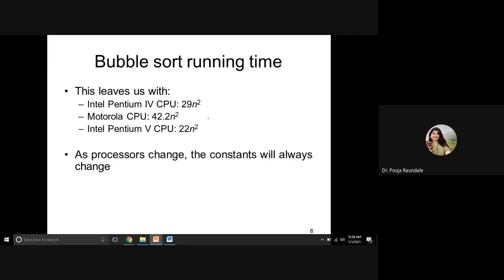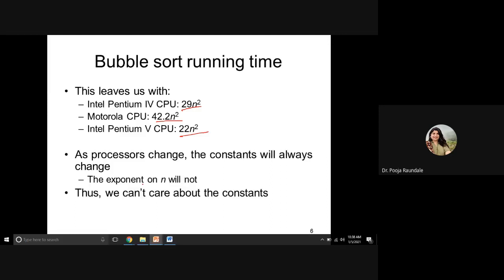Later it will be something like 29 n squared, 42 n squared, 22 n squared. As processors change, the constants will always change. But the exponent on n will not change, because that's the logic of the bubble sort algorithm.